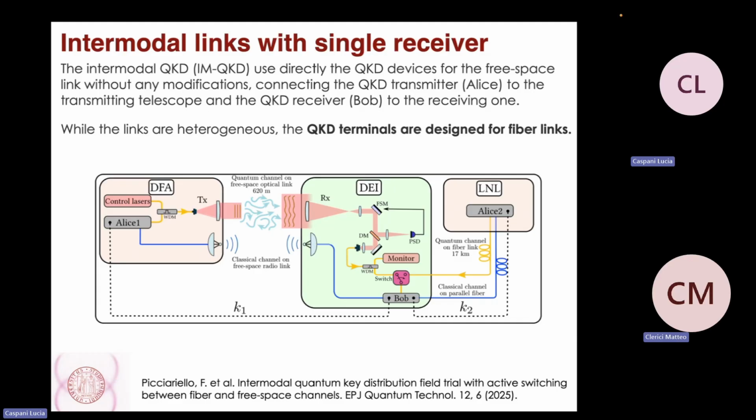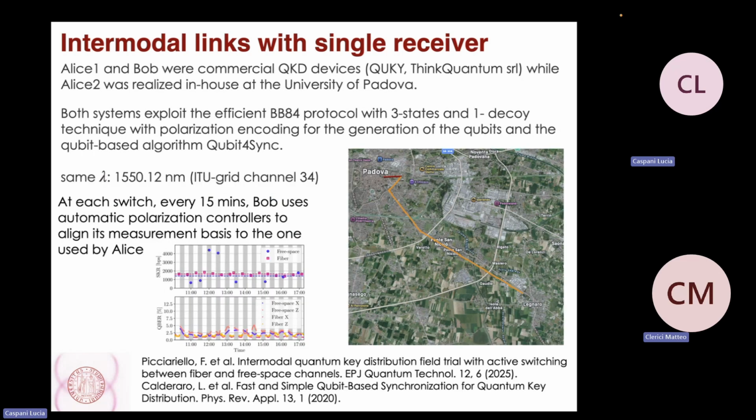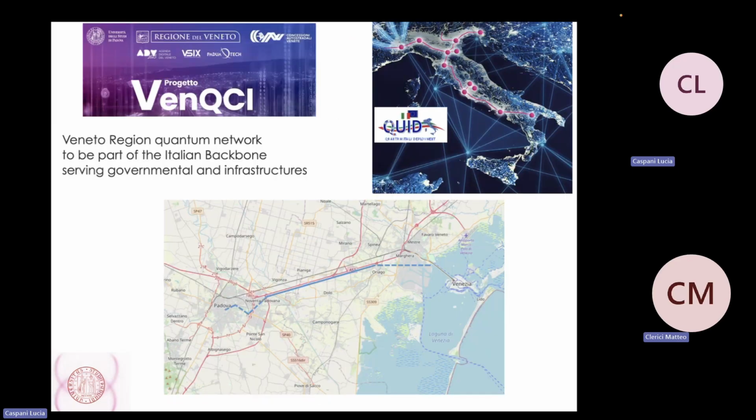For instance, we have an experiment here in which, using a switch located here, you can have a free space link, then fiber, and another fiber link located in different little towns around Padova, and all at the end allowed quantum communication with a simplified network.